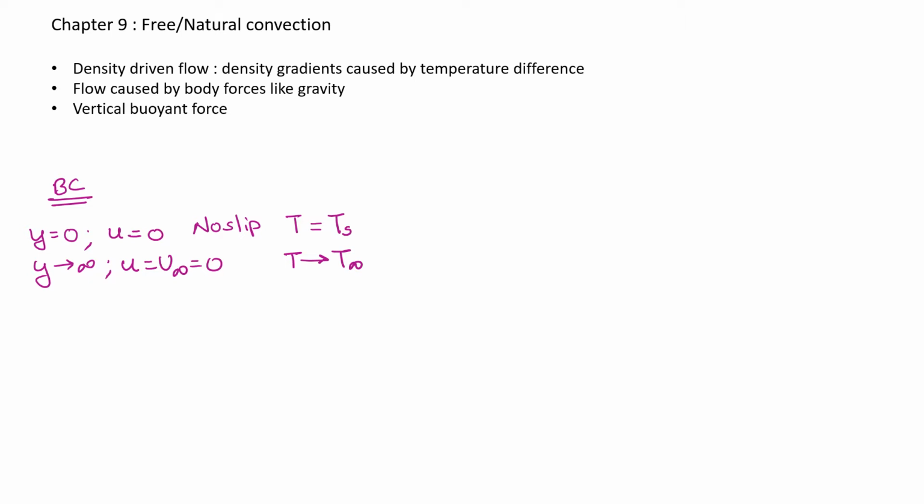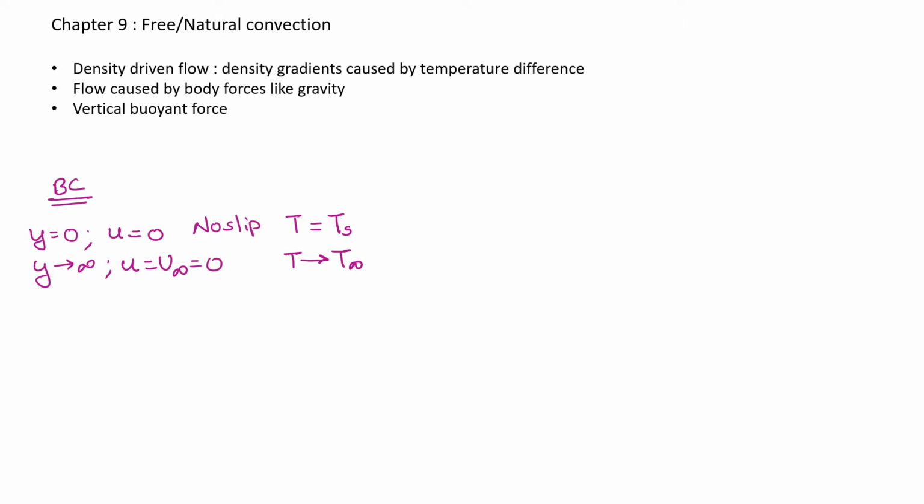So we've already briefly defined what natural convection or free convection was. It's nothing but flow which is driven by density difference. So it's a density driven flow. You need to have density gradients which are caused by temperature differences.